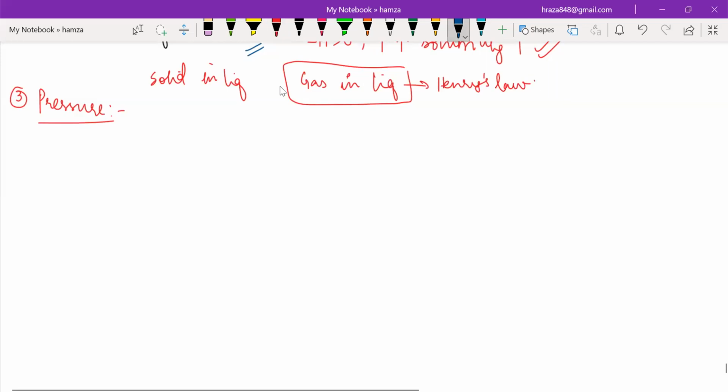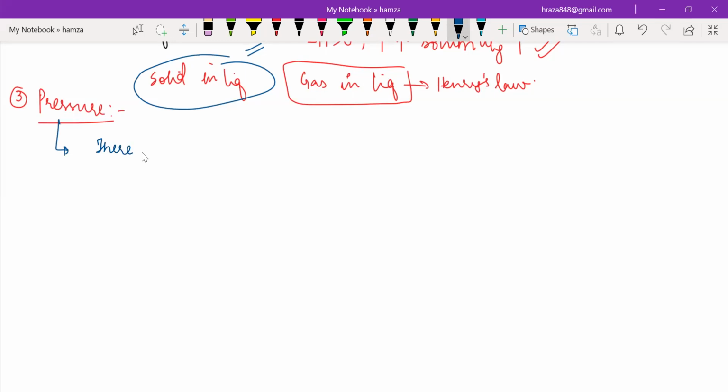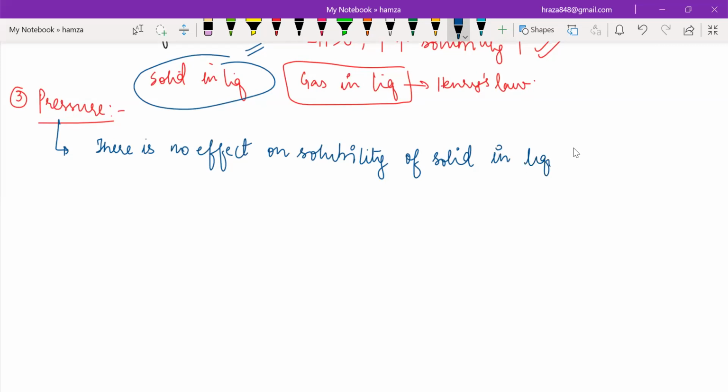But for solid in liquid, there is basically no effect of pressure on the solubility of solid in liquid, because solids are already compressed.